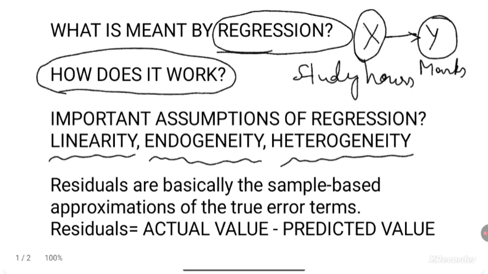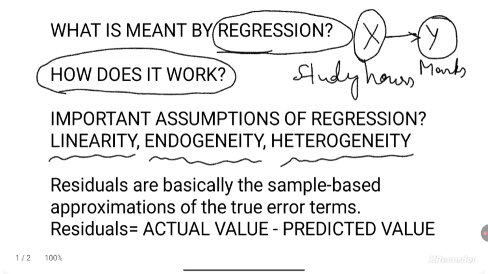So is there any relation between how many hours a student spends studying and the marks secured by that student? This relationship we try to find out through regression. In case we have a single independent and a single dependent variable, we call it a binary linear regression or a simple linear regression.